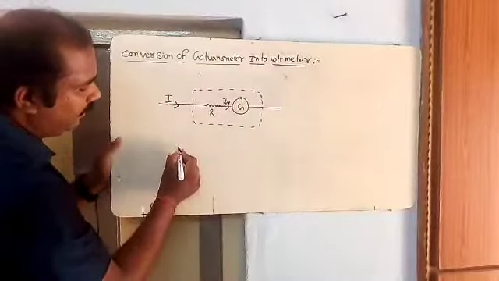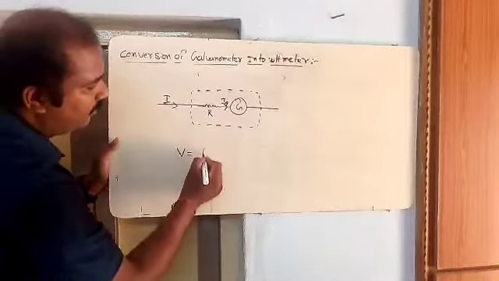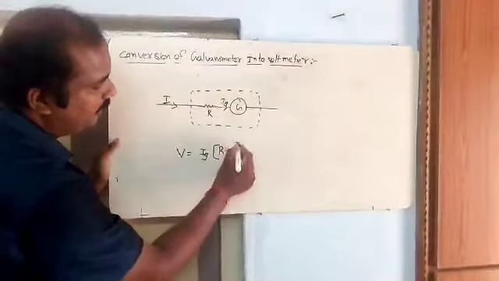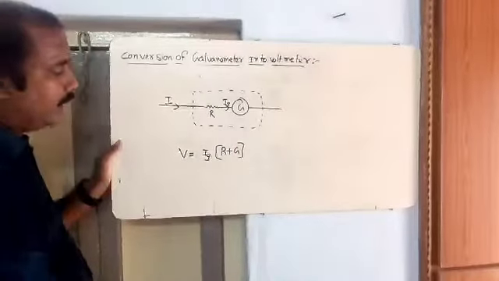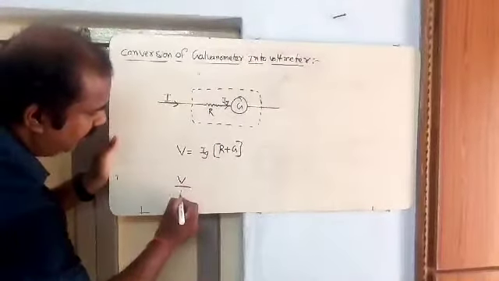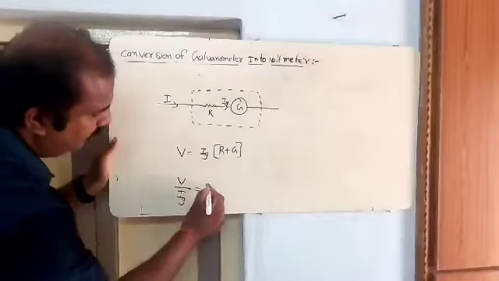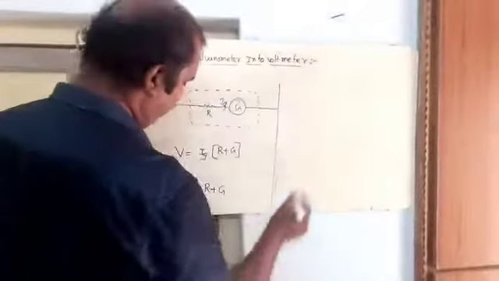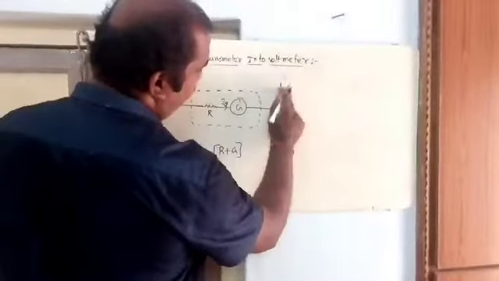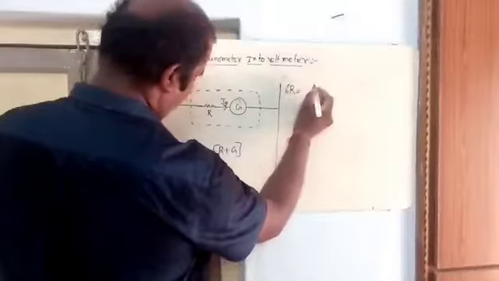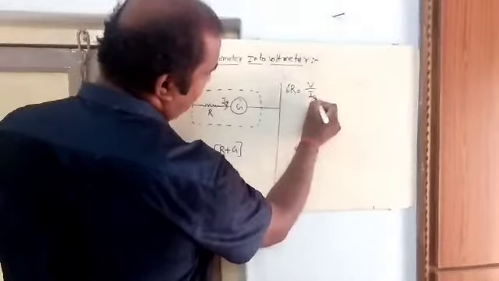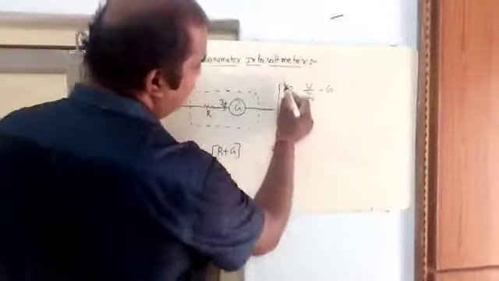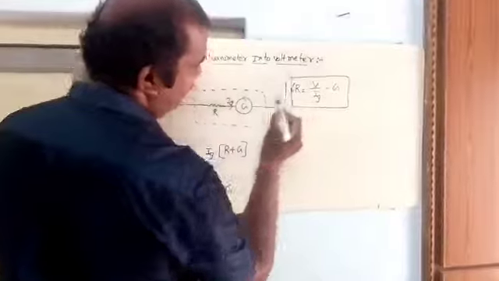Now V is equal to, applying Ohm's law, Ig into the total resistance, which is R plus G. Or V by Ig is equal to R plus G. This G is taken out. So R is equal to V by Ig minus G.